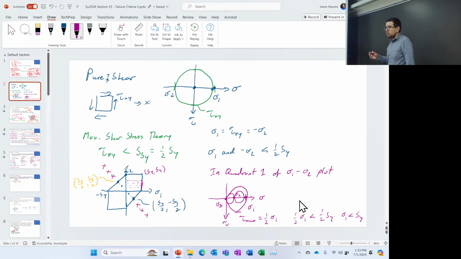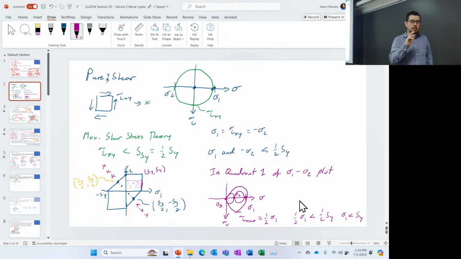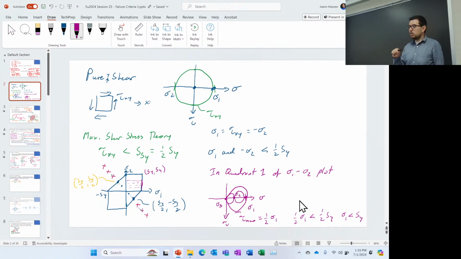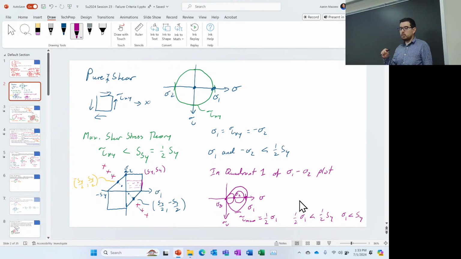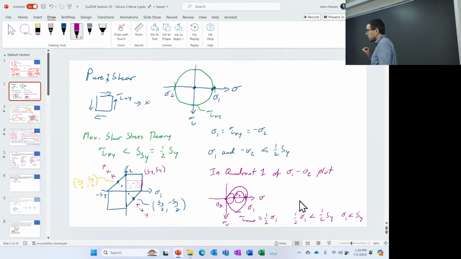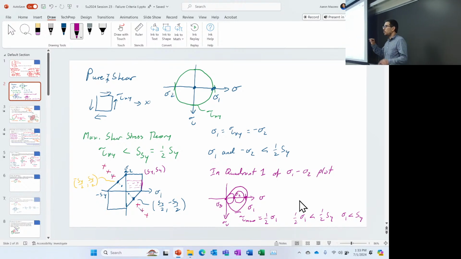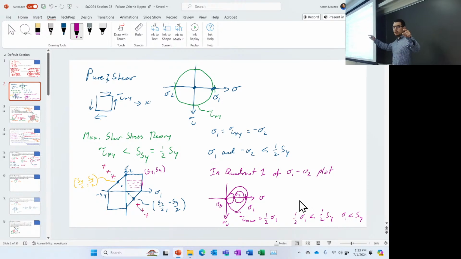Now, something that we're seeing here, and we'll talk about this today when we discuss distortion energy theory. If you fail from shear stress, what do we care about? We start to care about the maximum difference in the principal stresses. Do we see that?